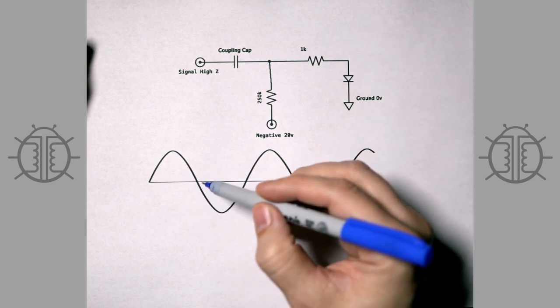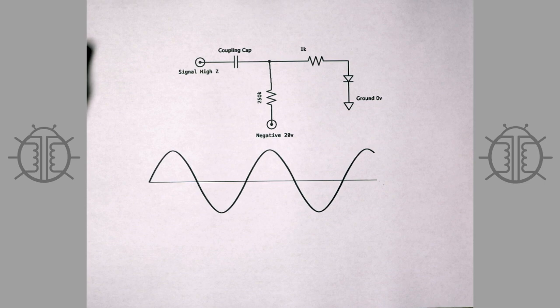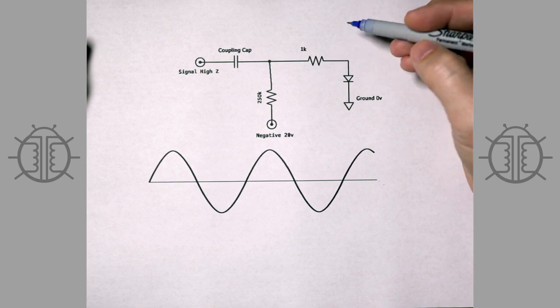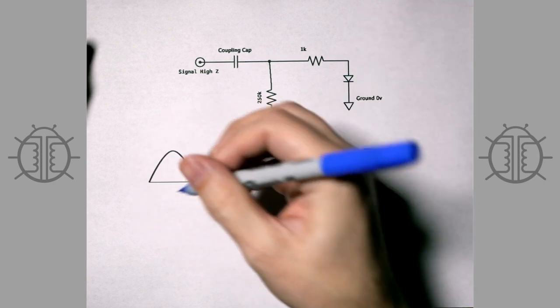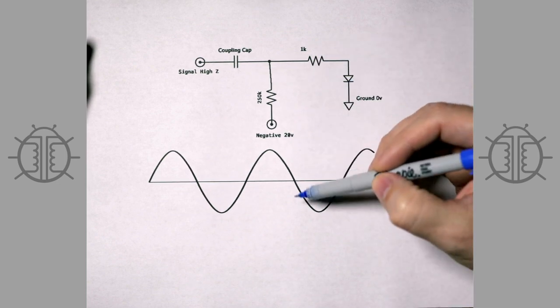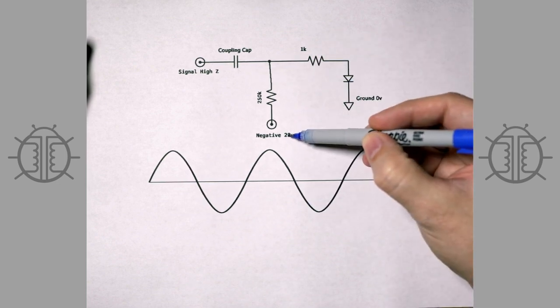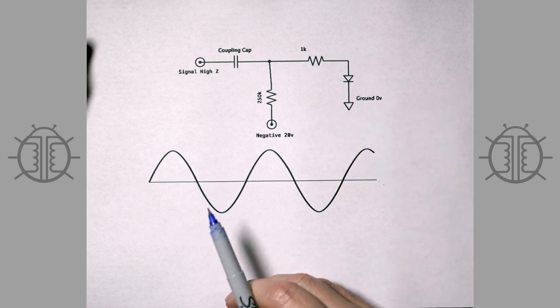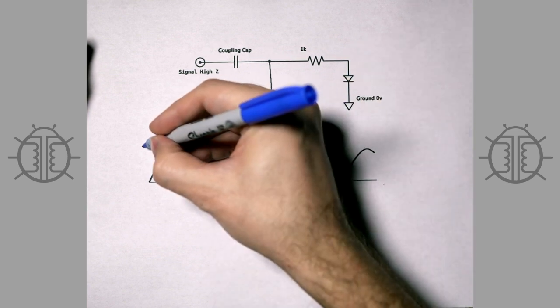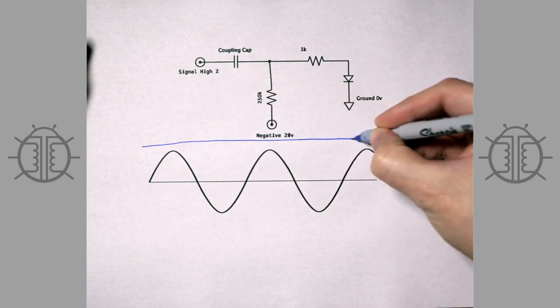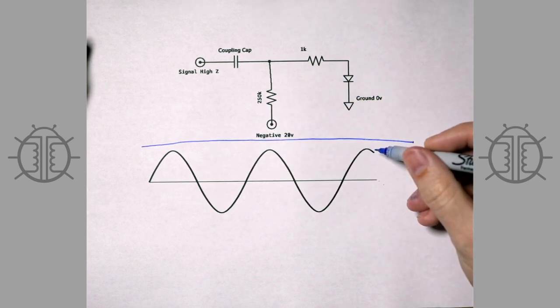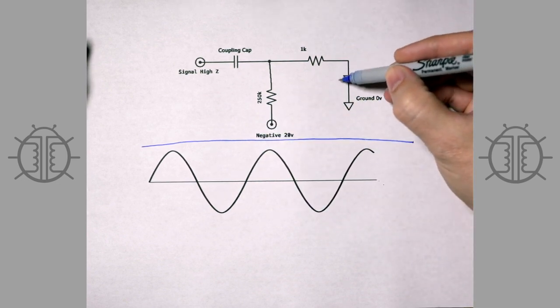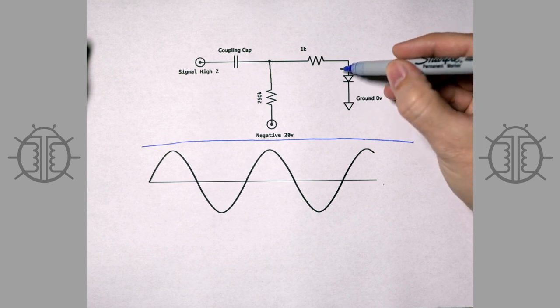But during normal operation, when the amp is not clipping, that never happens. The signal will swing up and down, less than 20 volts, not reaching 0 volts. Let's say this is 0 right here. It never reaches 0 volts, the diode is never turned on, and so there are no problems.